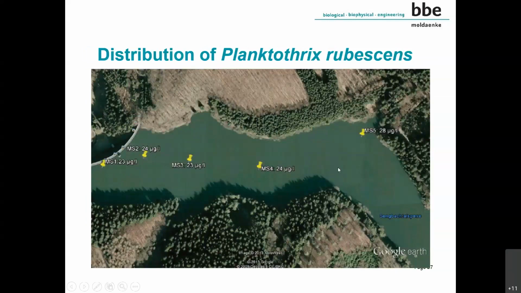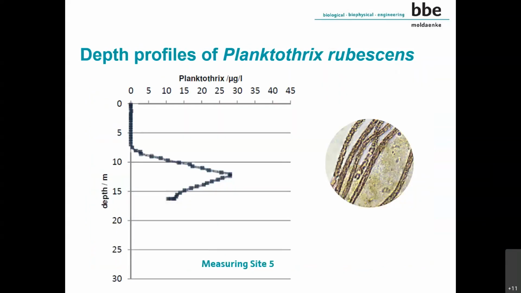And we especially looked for the occurrence of the planktotic rubescens, cyanobacteria, which is very well known to produce high amounts of biotoxins. That is a picture of the planktotic rubescens, and what we see here is only an example of one of the measuring places where we saw a deep layer of cyanobacteria at the depth of 12.5 meters.